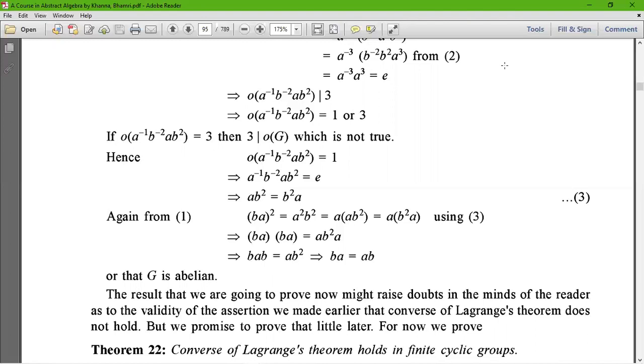Therefore we get ba ba equals ab^2 a, which implies that ab = ba. Hence for any two elements a and b, ab = ba, so the group G is an abelian group.